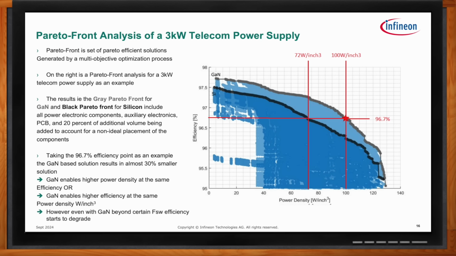If you look at the 72 watt per inch red line, we can see that the efficiency for GaN is near 97.5%, while for silicon it still remains at 96.7%. And while this analysis clearly shows the GaN advantage, it is important to note that even with GaN there are limitations, and beyond a certain power density, that is a certain maximum switching frequency, there will be degradation in efficiency.